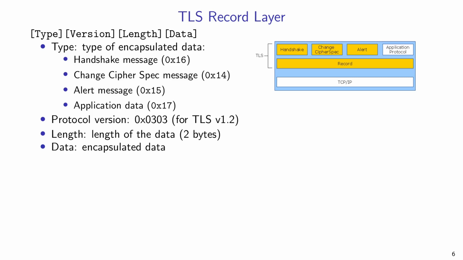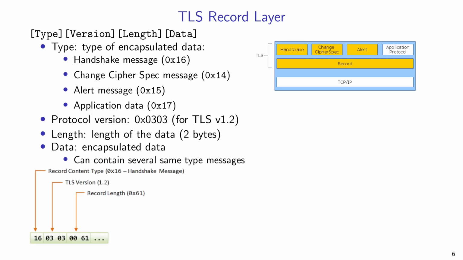And the data is one of these TLS protocol messages specified in the type field. Now, it is important to note that the data can contain several same type messages. For example, if you want to send several handshake messages, we don't have to send them over separate TLS records. They can be included in one TLS record concatenated together.